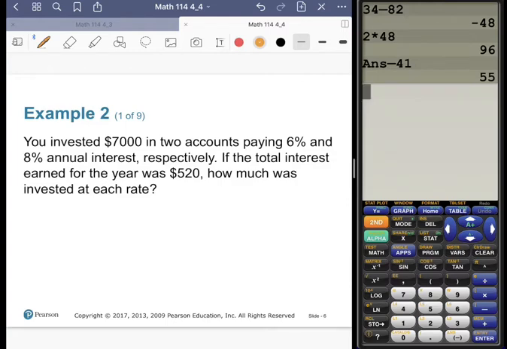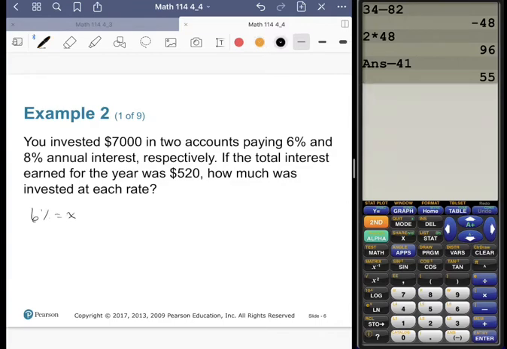So it says, if you invested $7,000 into two accounts paying 6% and 8% annual interest respectively, if the total interest for the year was 520, how much was invested in each rate? So let's begin by selecting variables.